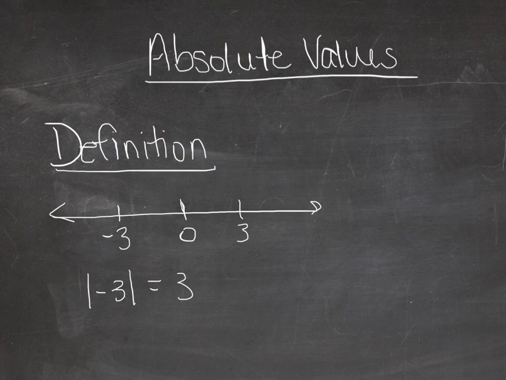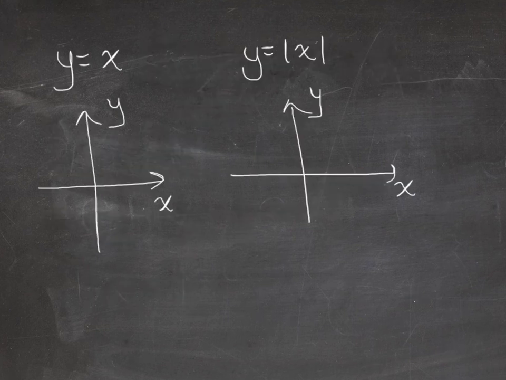Okay, so let's see that on a graph. If I have the line y equals x, we know that's the line going through the origin with a slope of 1. Then the graph y equals the absolute value of x means that everything that's below the x-axis is going to have to pop up above the x-axis.